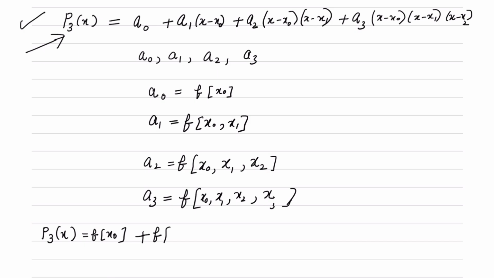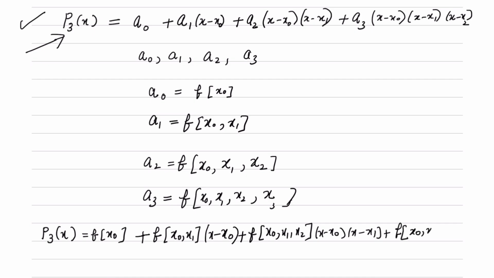A1 we will write f of square bracket x0 x1 times (x minus x0) plus a2 we will write f of x0 x1 x2 times (x minus x0) times (x minus x1) plus a3, which is f of square bracket x0 x1 x2 x3 multiplied by 3 linear factors (x minus x0) (x minus x1) times (x minus x2).